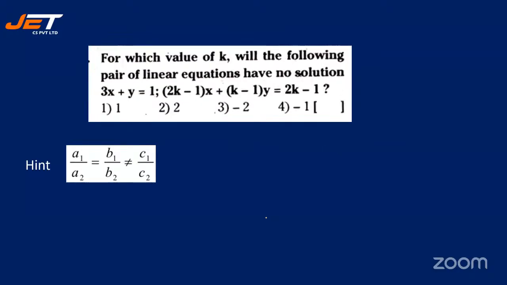For which value of k will the following pair of linear equations have no solution? 3x plus y is equal to 1, and (2k minus 1) into x plus (k minus 1) into y is equal to 2k minus 1. All right. So just half a minute you can take to think and then we'll do the sum.